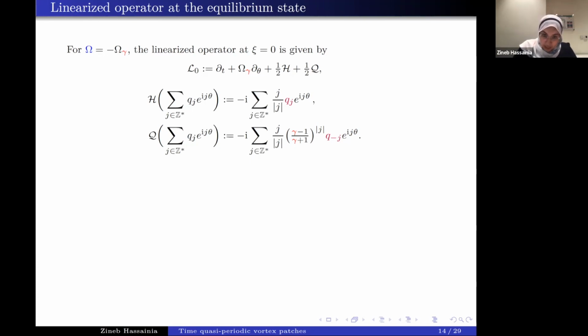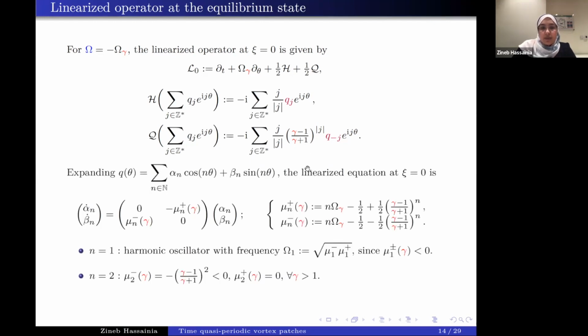However, if we consider the real Fourier representation, the linearized operator is diagonal and has this matrix form in the variables alpha n and beta n.